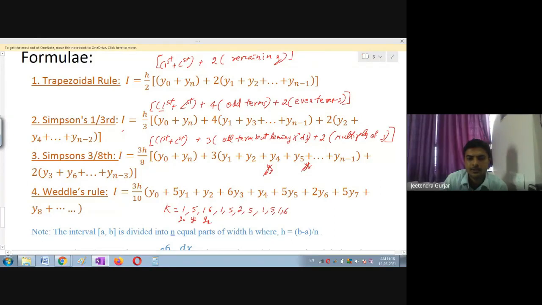Like this, you can continue this process. So you can add them and remember like this: 1, 5, y0 plus 5 y1 plus y2 plus 6 y3 plus y4 plus 5 y5 plus 2 y6 plus 5 y7 plus y8. Next term will be what? Yes, it is plus y9 plus 6 y10. So this process continues, friends. Like this, you can remember Weddle's rule. So this is 3h upon 10.